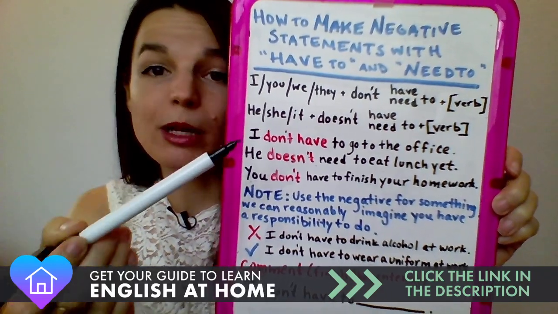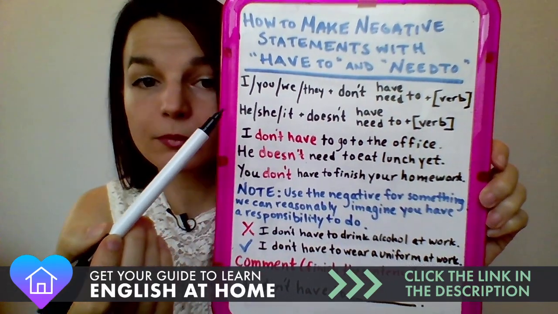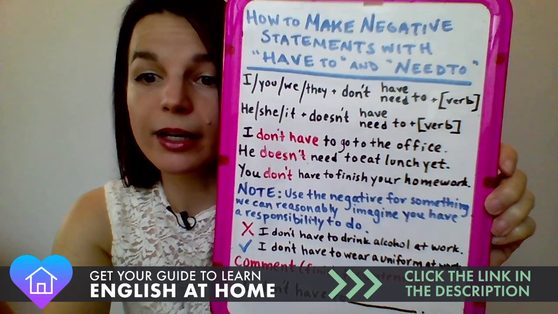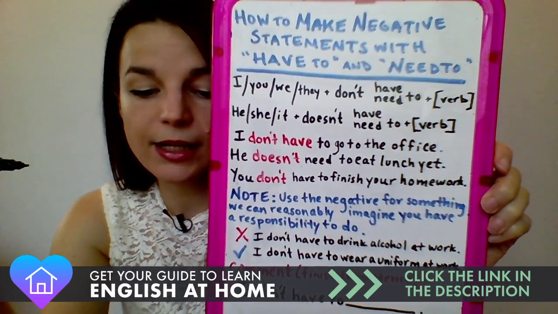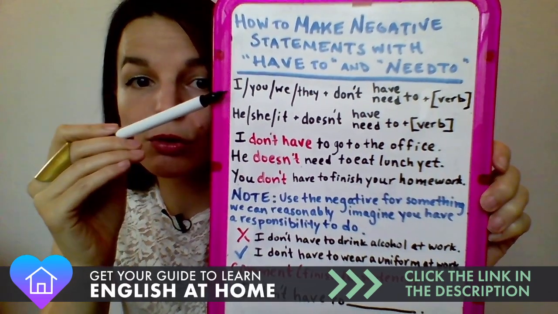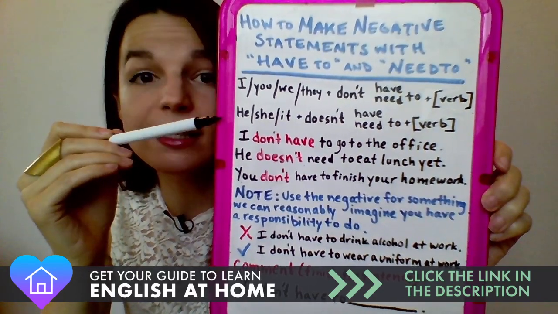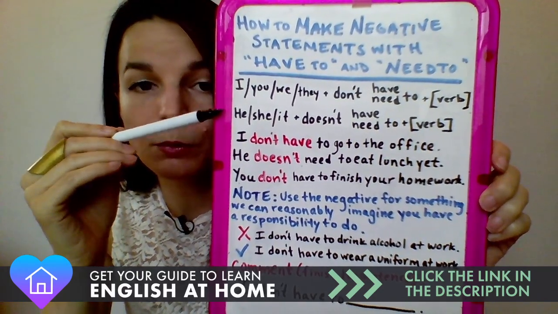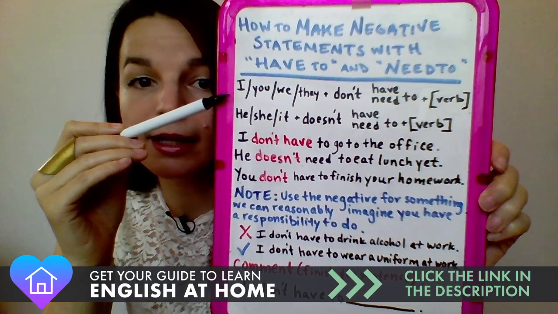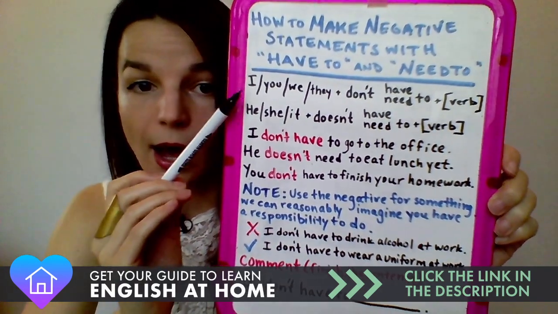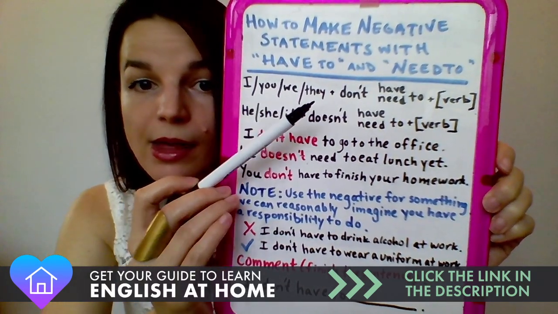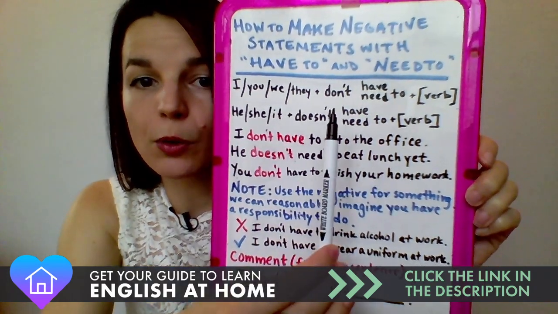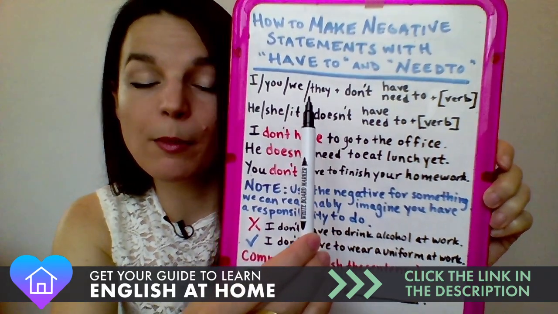First, how do we make a negative statement? Again, as we talked about in part 1 of today's lesson, we have two groups here. Depending on the subject, we have two different sentence patterns. If the subject is I or you or we or they, we use don't. Don't is the reduced form of do not.